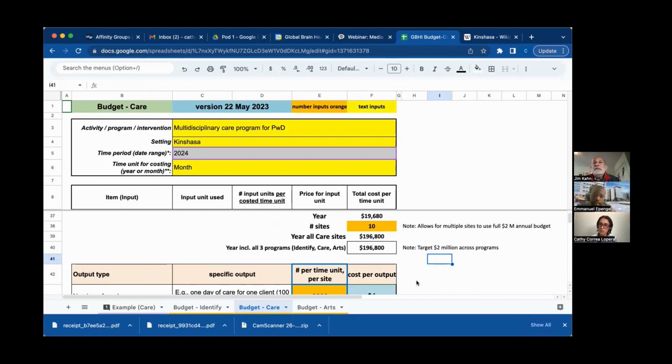If that's the case, then you have 1.2 million to spend in some other program, and you can then increase the number of sites to reach that target of 2 million. So this total in cell F40 will be the same in all of the sheets, so that you can always keep track of the total, which again you want to target to 2 million.